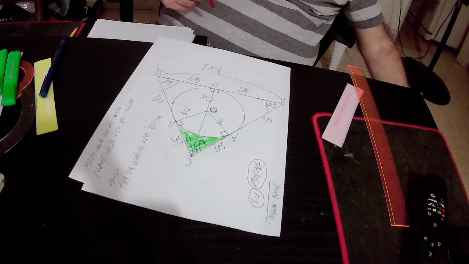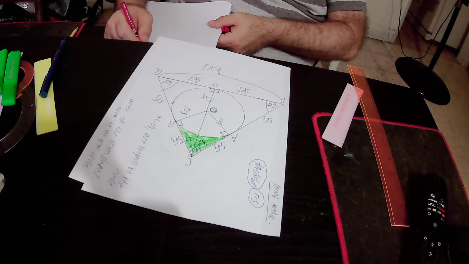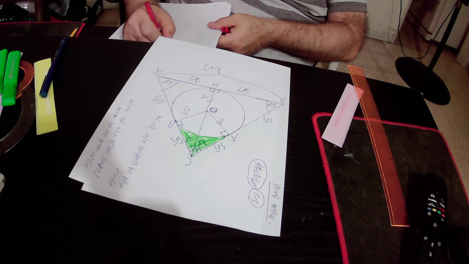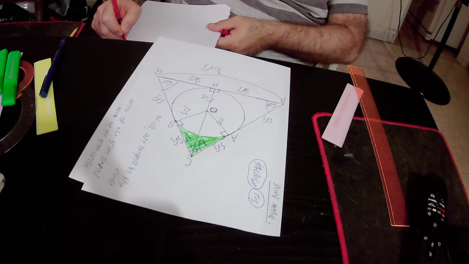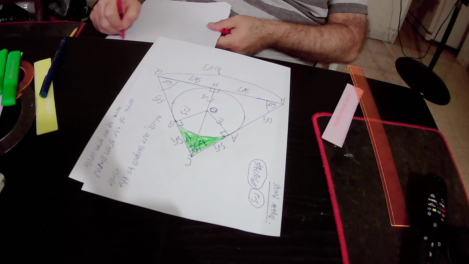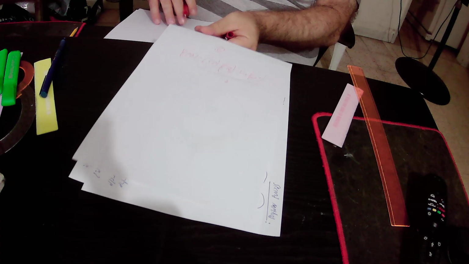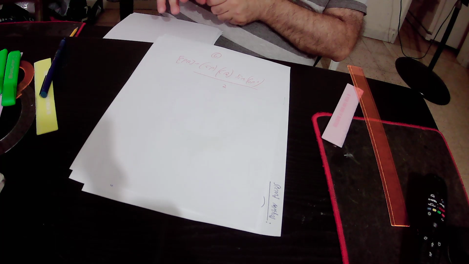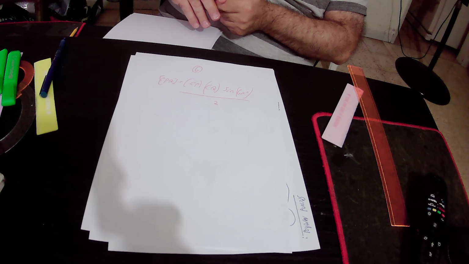So the area of equilateral triangle CPQ will be equal to CP times CQ times sine 60 degrees over 2 square units.